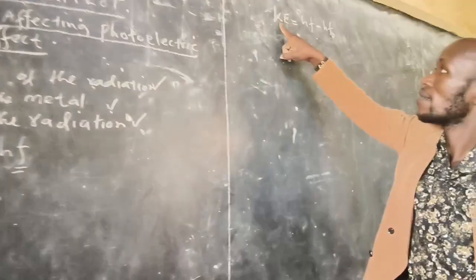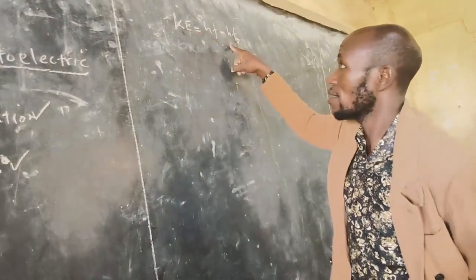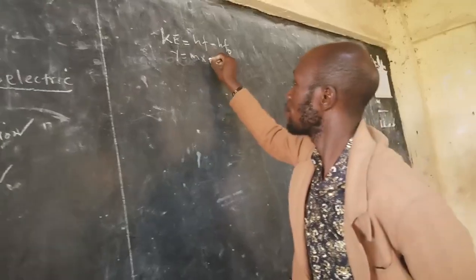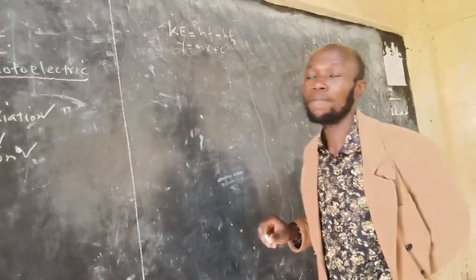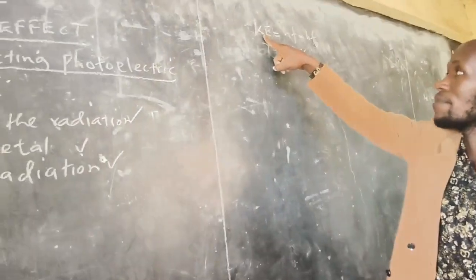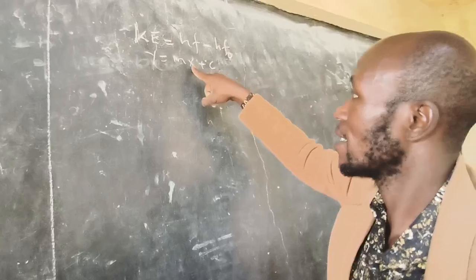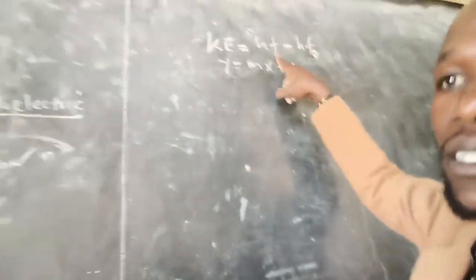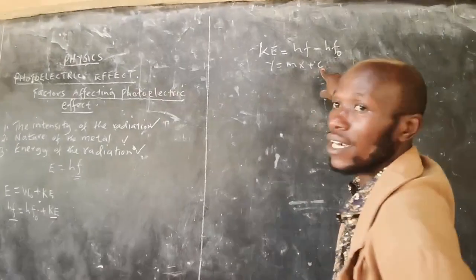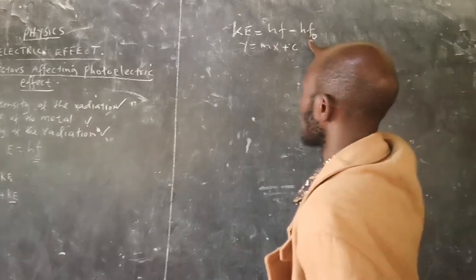Now, from our mathematical knowledge, this equation is in the form of y equals mx plus c, where our y, the vertical axis, is represented by the kinetic energy. Our other variable x is the frequency from the source of the radiation. And our vertical axis intercept is the work function, which is hf naught.